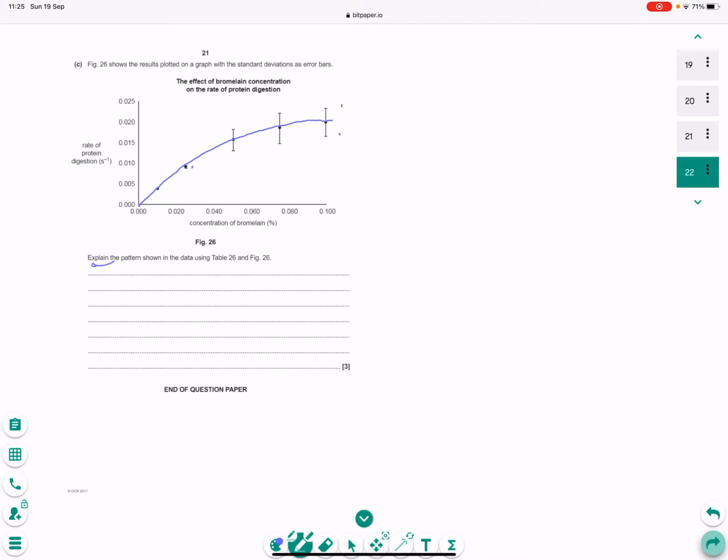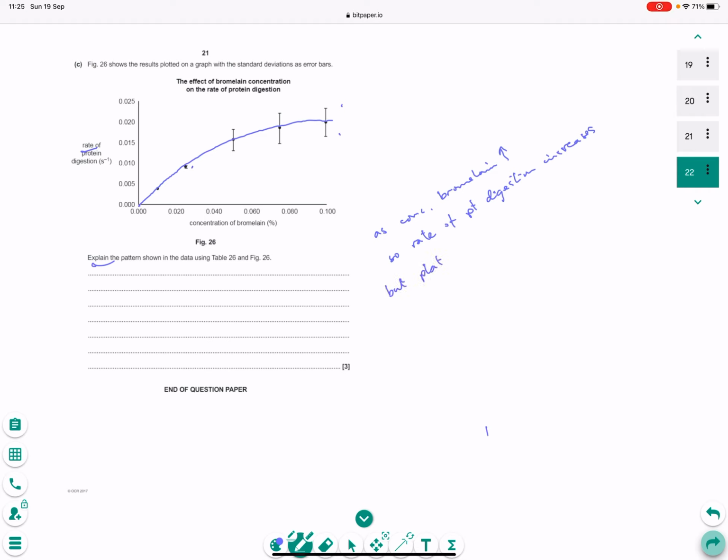So you can say, as concentration of enzyme or bromelain increases, so rate of protein digestion increases, but it plateaus.